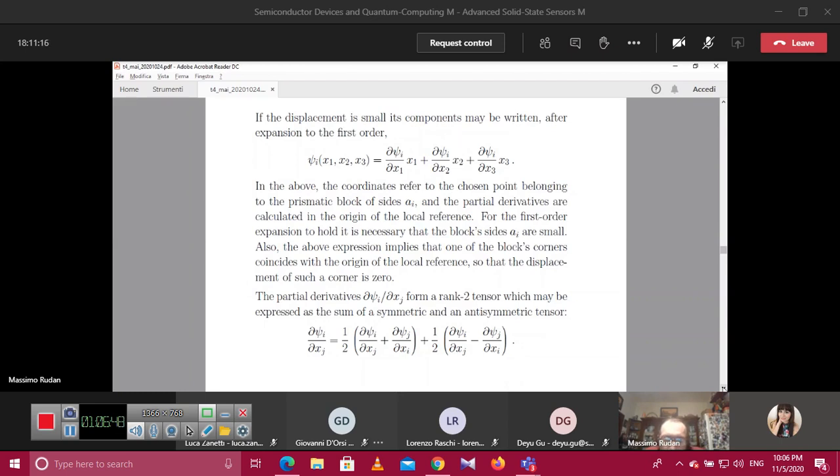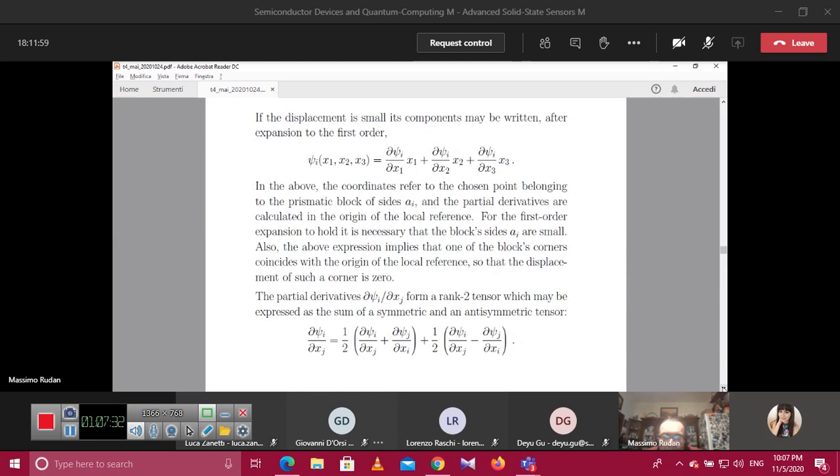Of course, this point will be subjected to a deformation in all directions. So we consider the deformation with displacement psi_i in the direction i. And we assume that it is small, okay? So we expand it to first order. When we expand it to first order, the zero order is zero because it is related to the undeformed situation in which there is no displacement, okay? So we calculate the first order expansion, as you can see in the figure.